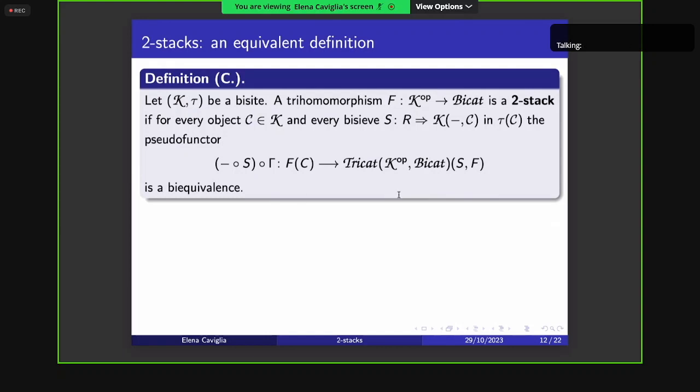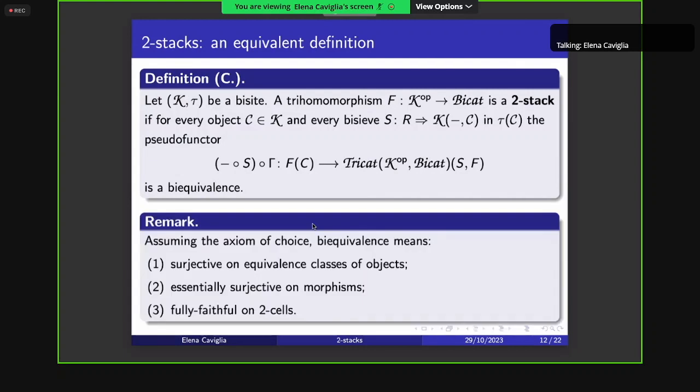And so now the idea is that we will have our data here and we can relate them to objects, morphisms, and 2-cells in F of C to obtain explicit conditions. And in particular, being a biequivalence means that it is surjective on equivalence classes of objects, essentially surjective on morphisms, and fully faithful on 2-cells.